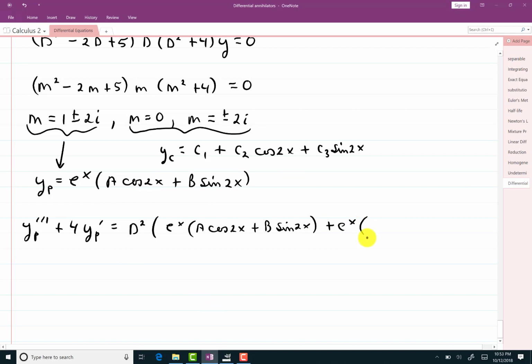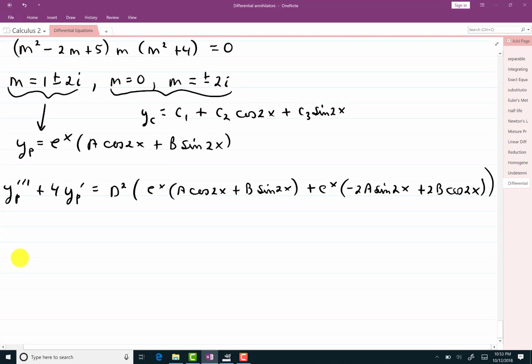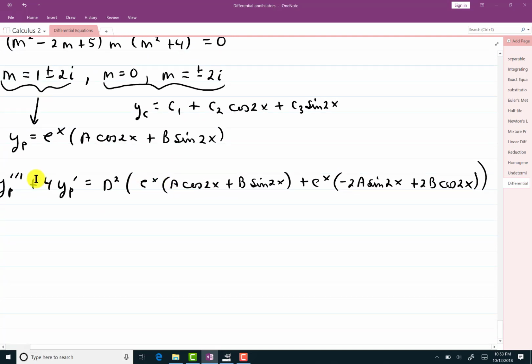We have negative 2a sine of 2x plus 2b cosine of 2x. That takes care of that one part. And I'm going to have exactly that stuff, but 4 times it. So I'll just copy and paste it in there.